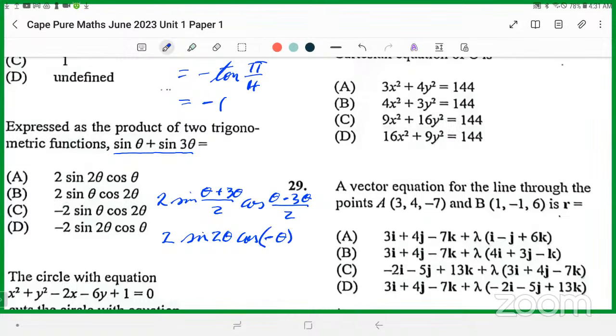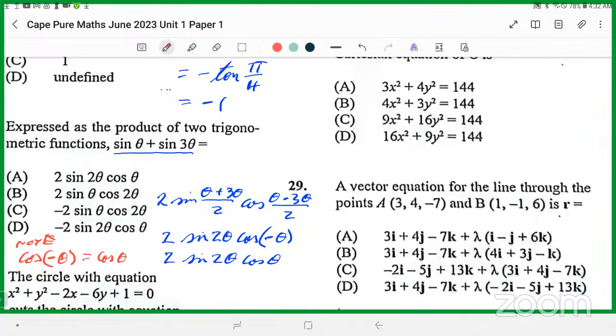But the cos of minus theta is the same as the cos of theta. That's what you have to know. So it's the same as 2 sine of 2 theta cos of theta. Let's put a note here. The cos of minus an angle: cos of minus theta is equal to the cos of theta.